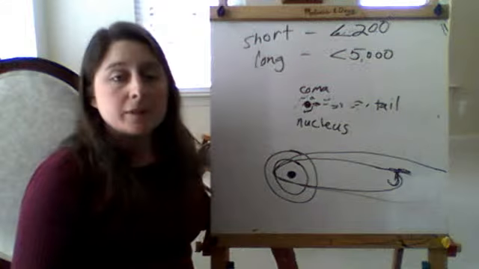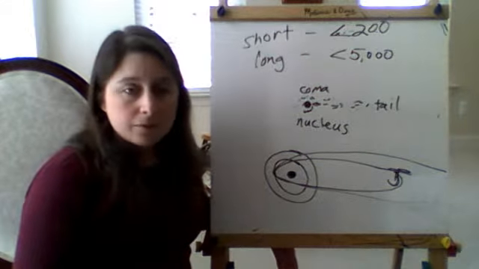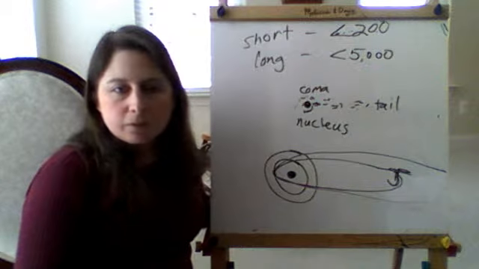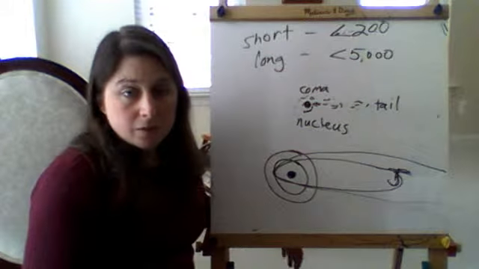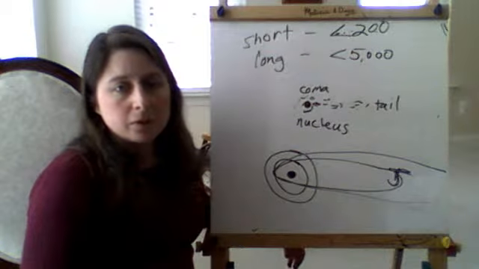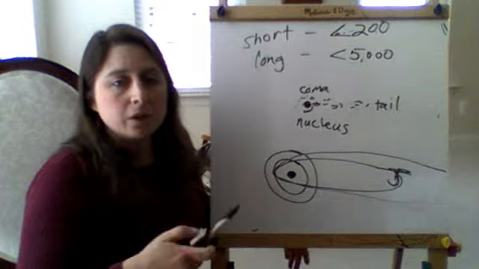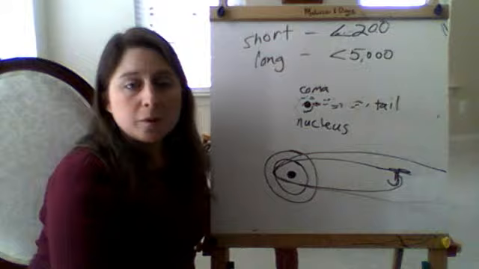Long period comets are hypothesized to come from a group of space objects called the Oort cloud, named for Jan Oort, a Dutch astronomer who hypothesized that it was out there past Pluto.